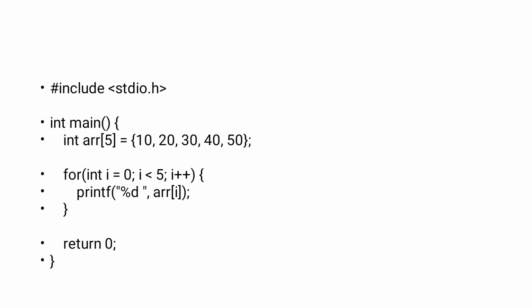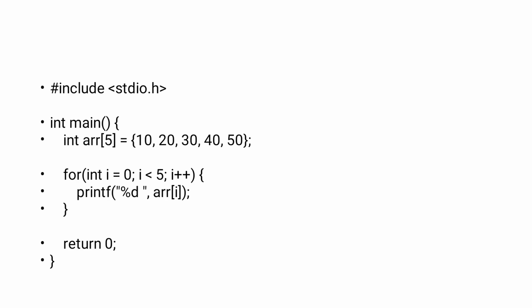In the first location, arr[0], the value 10 is stored; in arr[1], 20; in arr[2], I am storing 30; in arr[3], 40; and in the fifth, last location, I am storing 50.